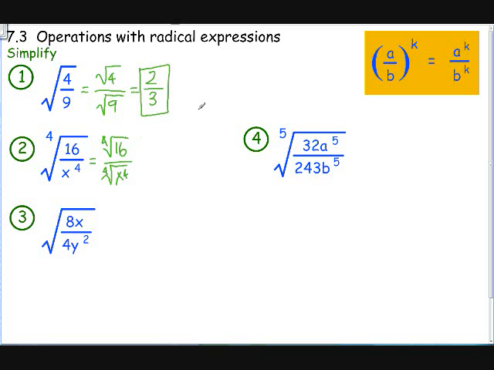Now, in case the fourth root of 16 isn't obvious to you, there are ways you can use your calculator to help you out. Put 16 into your calculator, then use that upward caret, which the calculator will read as raised to the power of. Now, we're not raising it to the power of 4. Oh, far from it.